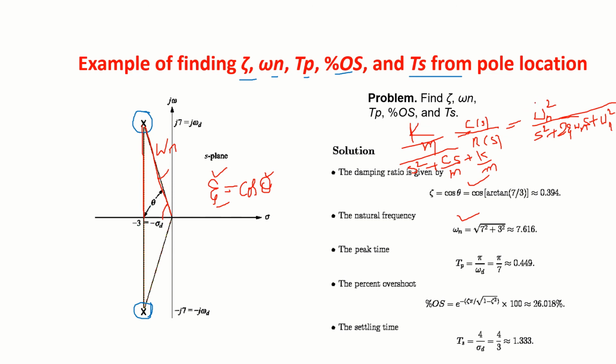So now these values are known, I can find k, then I can find c, I can find m also. Then I can design my physical system which will have these characteristics. So it's reverse. If you know the pole locations, what kind of response you want, based on that I can achieve this.